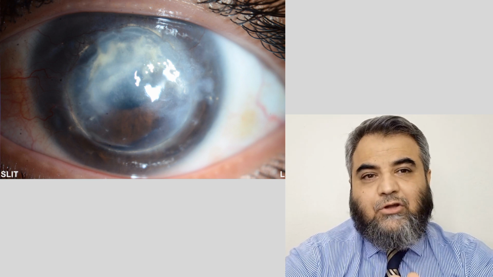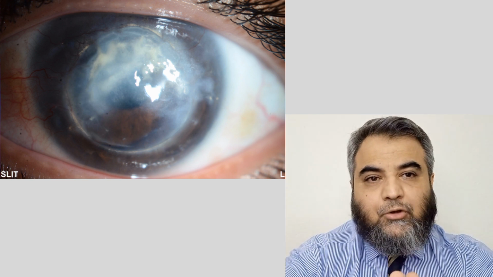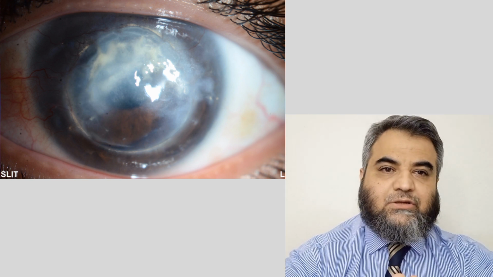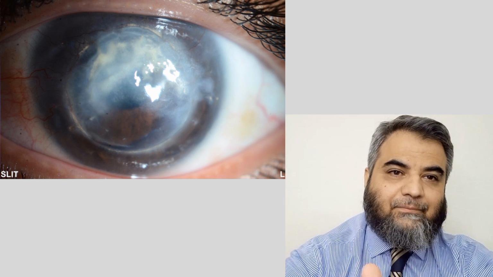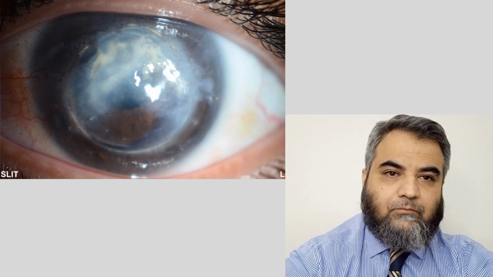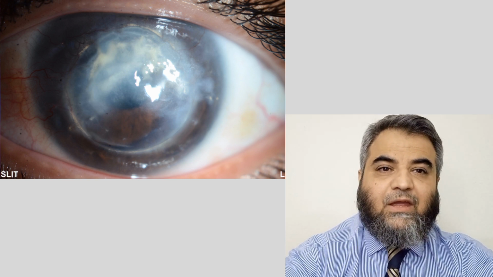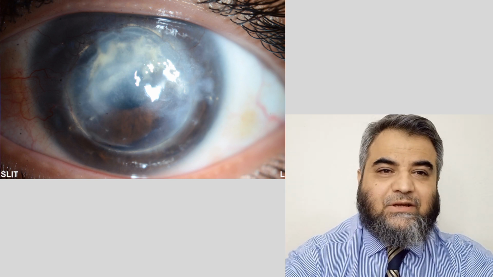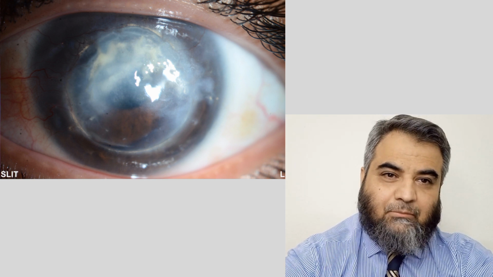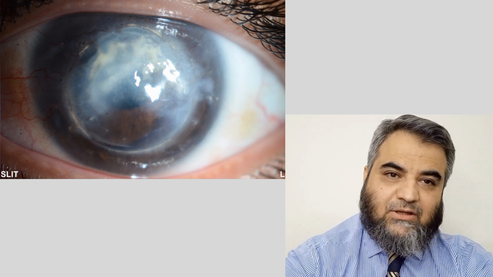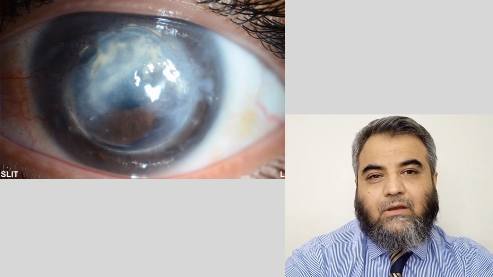When we talk about graft rejection, it is purely an immunological reaction. But graft failure is a broad term in which so many things come. Infection can come in. So it is a broad term, but rejection is particularly an immunological reaction.